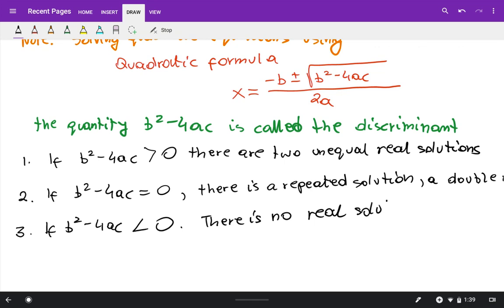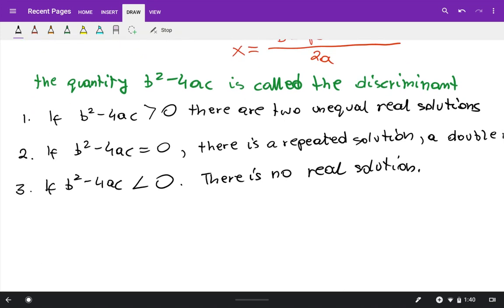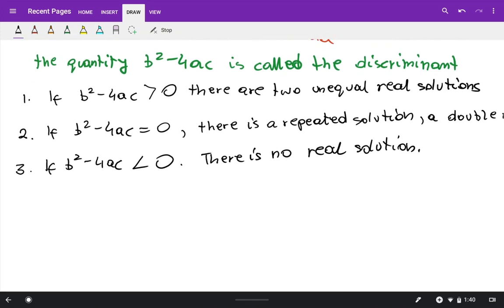When I'm talking about a real solution, that's a solution which you can see and graph in the real number system, because we also know that there are imaginary numbers. We'll talk about that later. There is no real solution. Okay, so let's just do a couple of examples and review how to solve a quadratic equation with the quadratic formula.